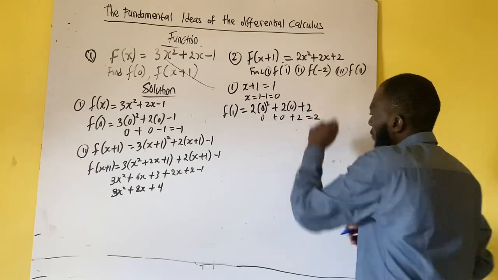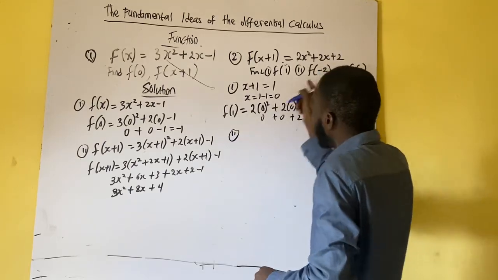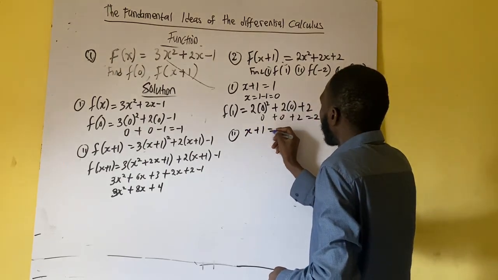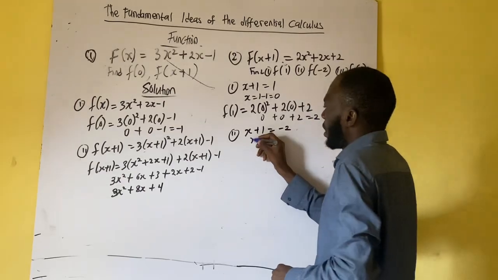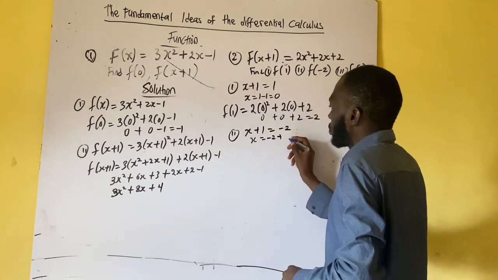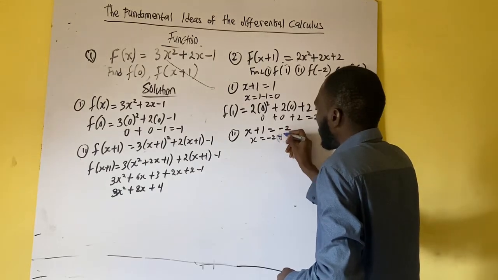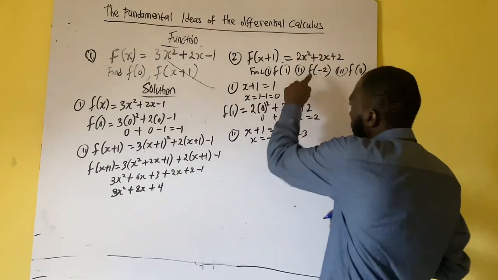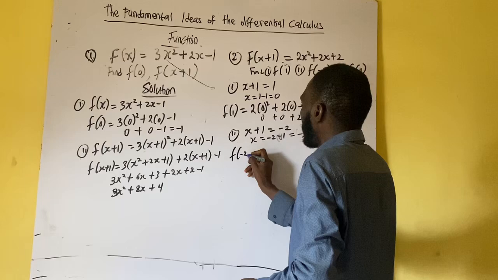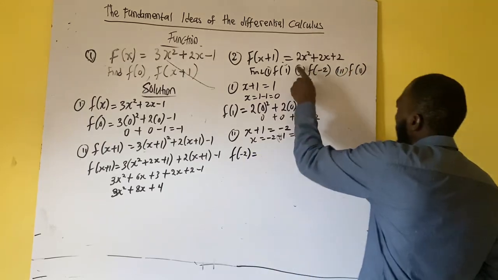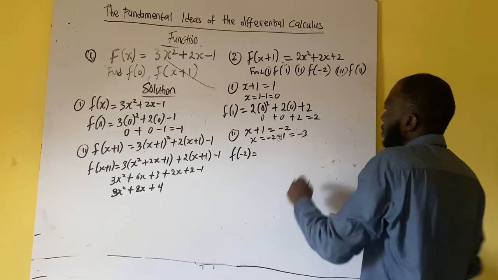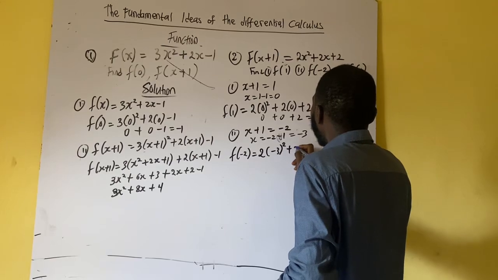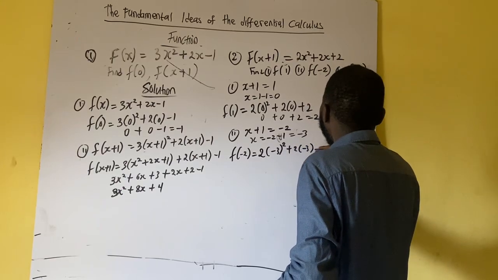For the next case, the same thing you did in this one, you're going to do here as well. x plus 1 equal to minus 2, so x equals minus 2 minus 1, which gives me minus 3. So for f of minus 2, anywhere I see x, I'm going to put minus 3 there. So here we'll have 2 times minus 3 squared plus 2 times minus 3 plus 2.